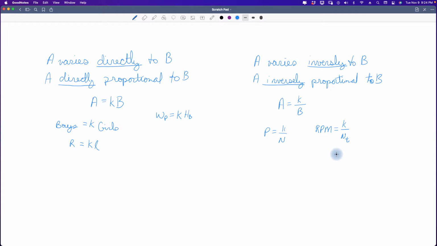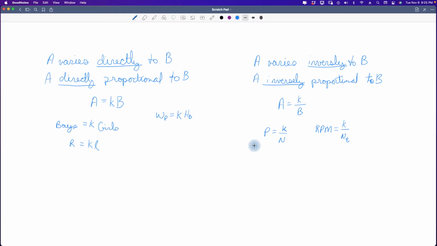So you can see how to set that up. K is your constant. K is the ratio that drives the value of either one of these variables. We have to determine what that K ratio is, and how it is like a proportion all by itself. It's like a constant.